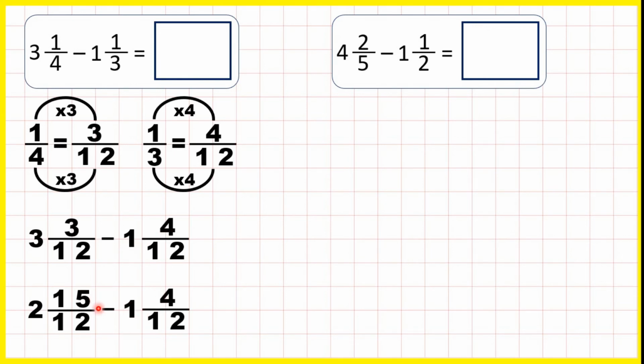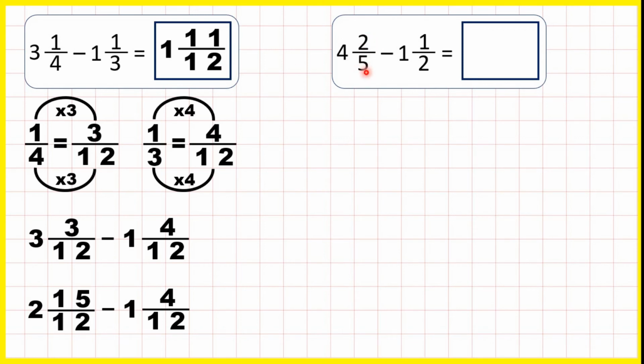So now we can subtract the fractions. 15/12 minus 4/12 is 11/12, and we need to remember to subtract the whole numbers as well. 2 minus 1 is 1, so our answer is 1 and 11/12.